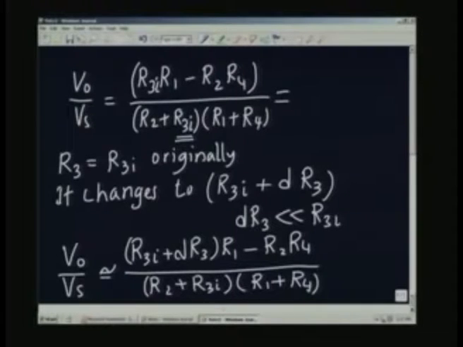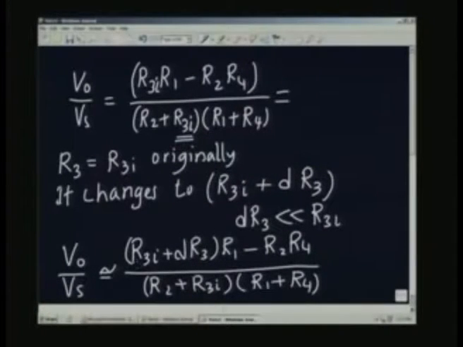Actually, we had done this exercise earlier, I am just recapitulating. You remember that R3I R1 minus R2 R4 must cancel each other, because that is the condition for balance when there is no strain in the strain gauge element. Therefore, this portion is going to cancel off with this.